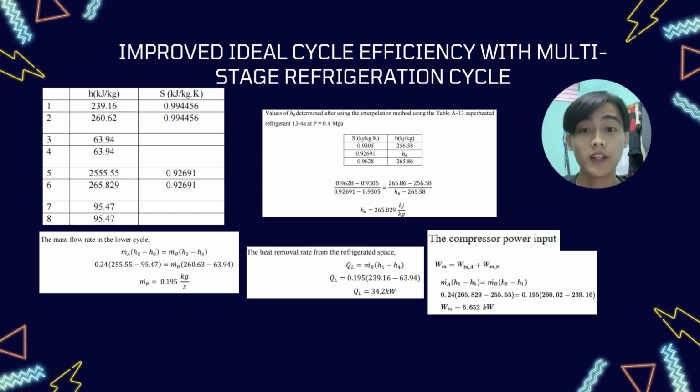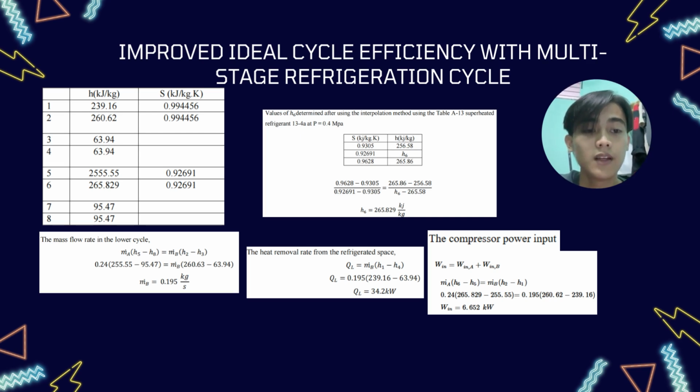After completing the enthalpy and entropy table, we will continue the journey to find the coefficient of performance by finding the flow rate in the lower cycle. So we will use the formula m dot A times H5 minus H8 equals m dot B times H2 minus H3.